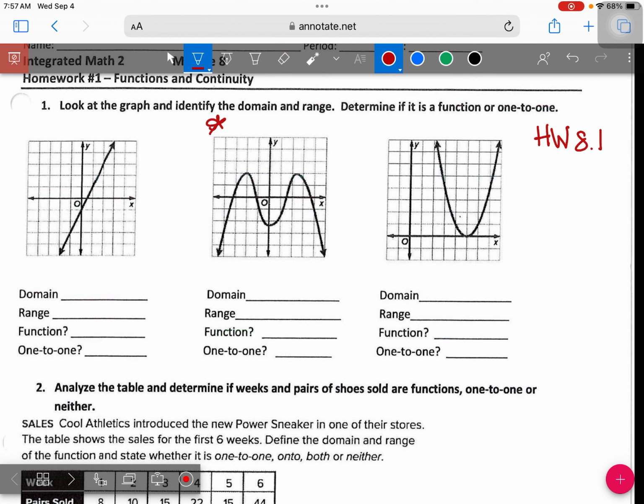How far to the left or right am I going on this second problem of number 1? Doesn't stop. So what would I put there for the domain? All real numbers. That's that funny looking R. Range. Do I have a highest point?